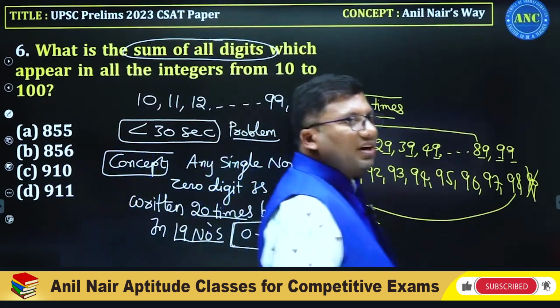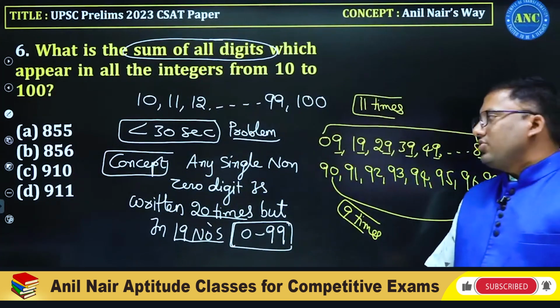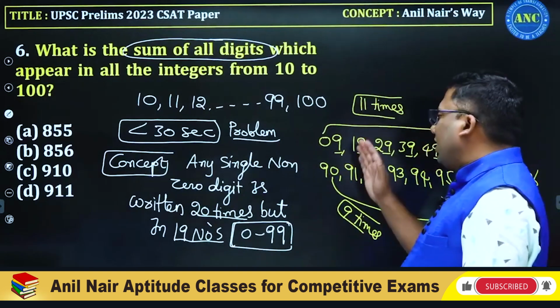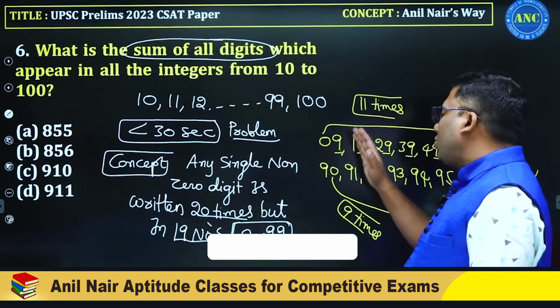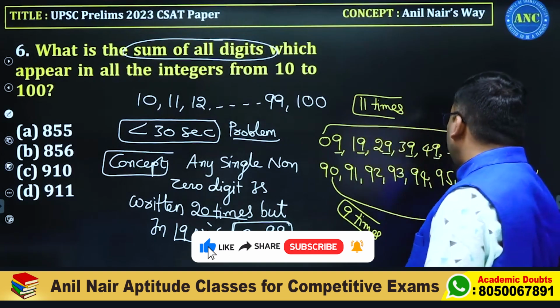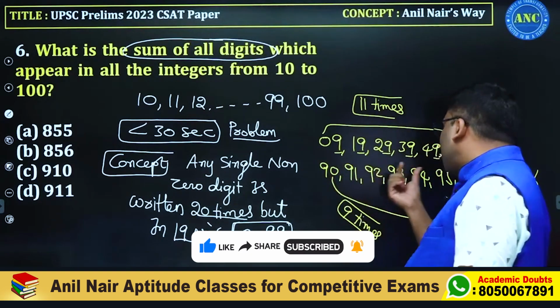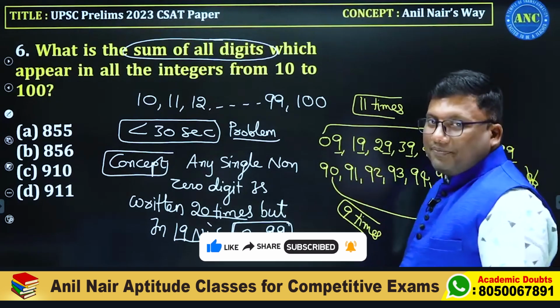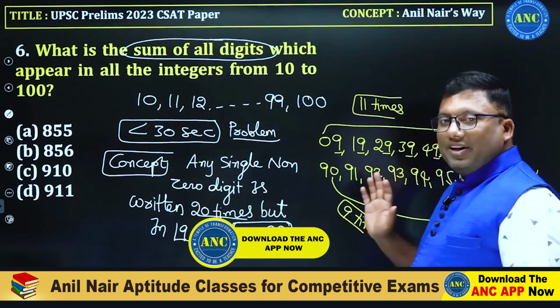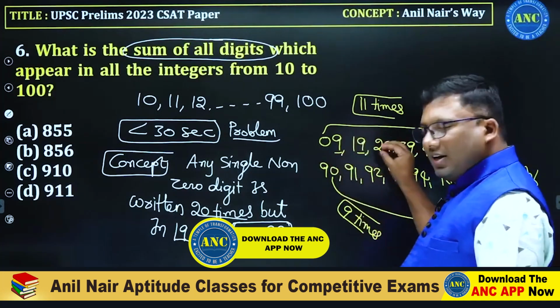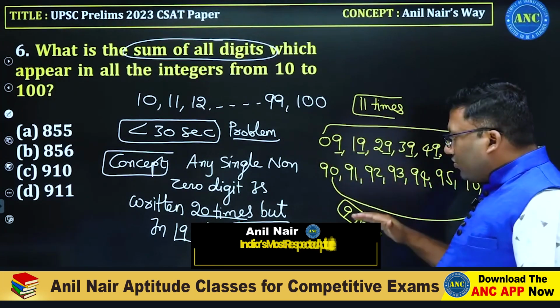Read this statement right now. Any single non-zero digit, instead of 9, it can be 2 also. 2, 12, 22, 32, and so on up to 92. 20, 21, 22, and so on up to 28 and everything. You observe the same pattern, right? 11 plus 9, 20 times.